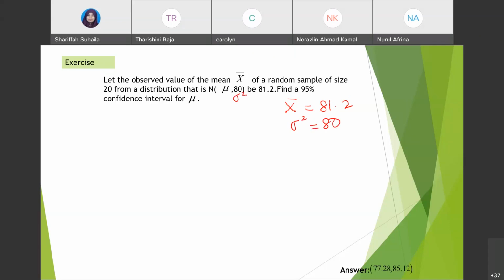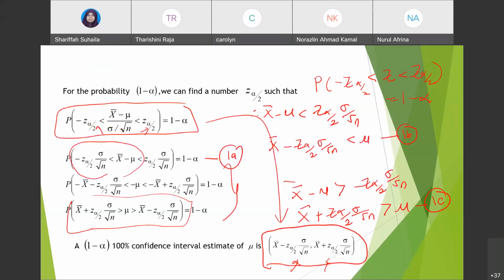Okay, let's say we already derived the formula. So we already know here the case is sigma square is known. Okay, so why? Because it is already given. Okay, sigma square is known. You don't have to estimate your sigma square. Okay, so that means the formula that we will use is this one.